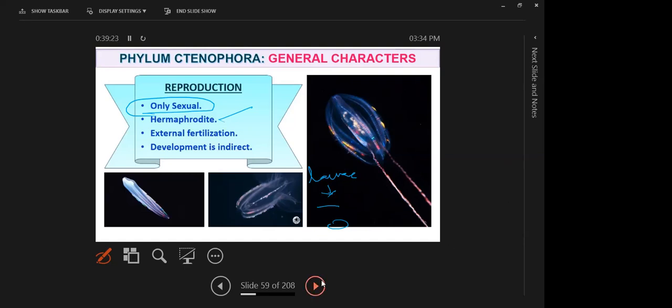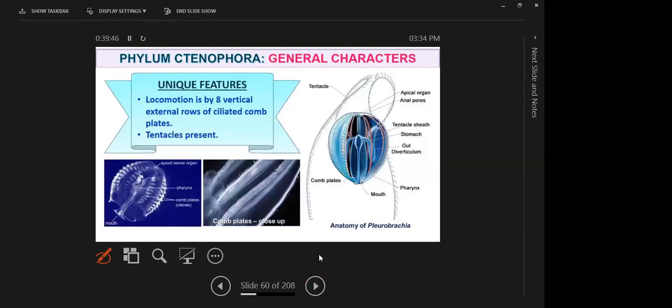Is it the same reason as for external fertilization, because the organs are not well developed? Need not be. In Hydra we saw very primitive cross fertilization. Here external fertilization is possible. All are primitive features.